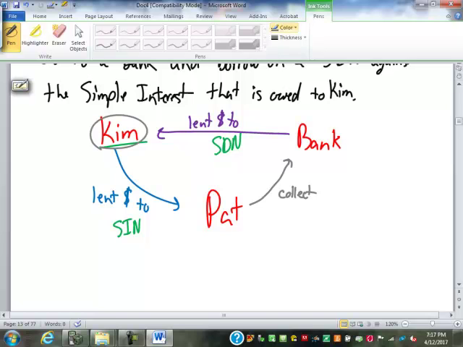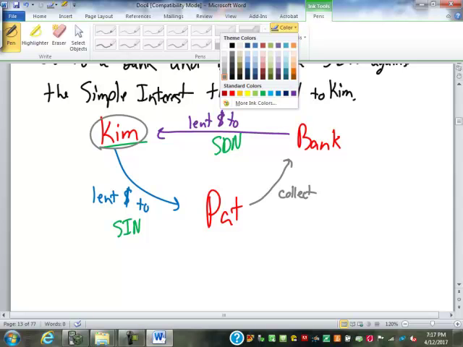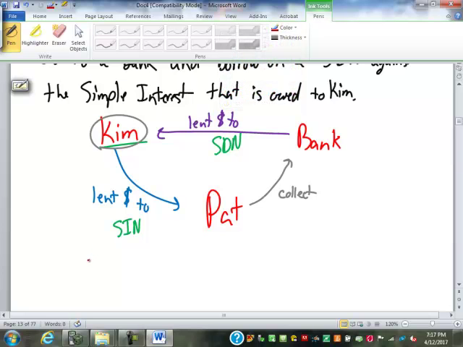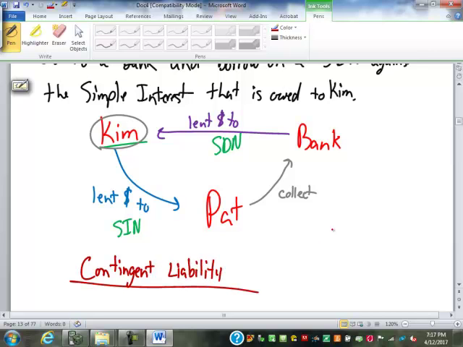The bank will not attempt to collect from Pat because they really don't have any legal standing there. This is what we call contingent liability. Kim has given the bank the right to collect that note from Pat. But like we said, if Pat refuses, the bank has no legal authority to force it. So the bank will collect from Kim.